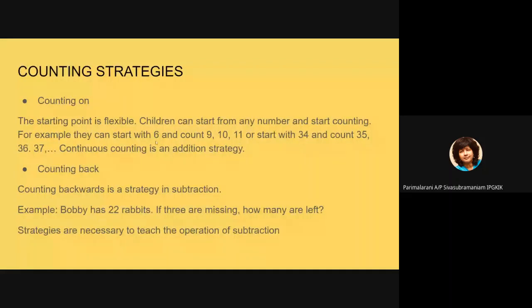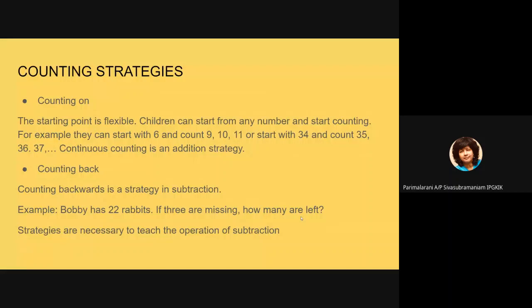Counting back is a subtraction strategy. For example, Bobby has 22 rabbits. If 3 are missing, how many are left? How do children solve this problem? Many of them count backwards. 22 rabbits, 3 missing. So 21, 20, 19.